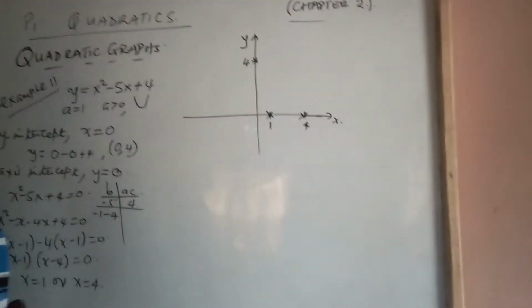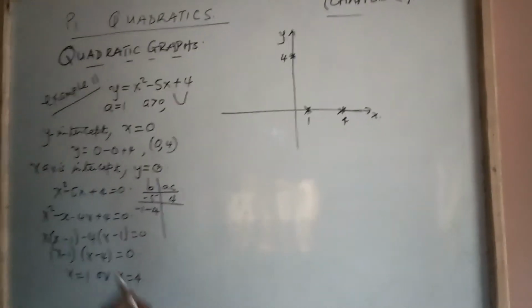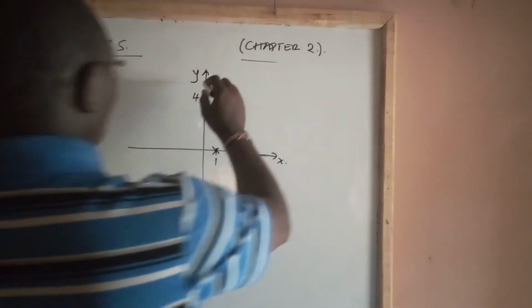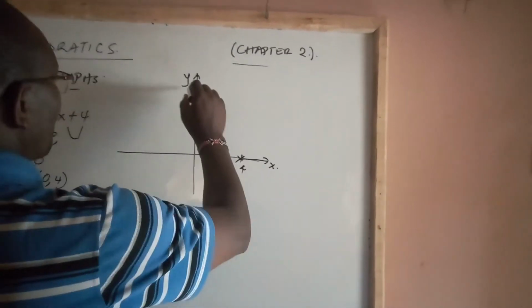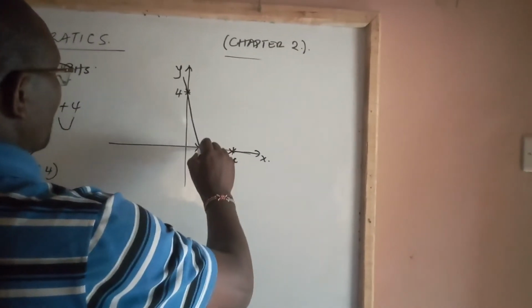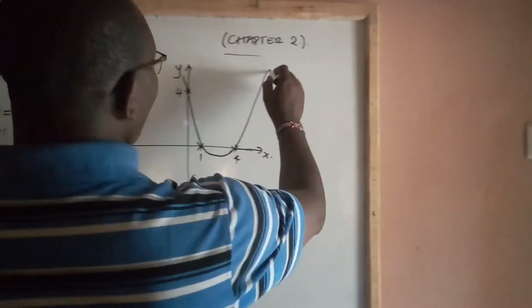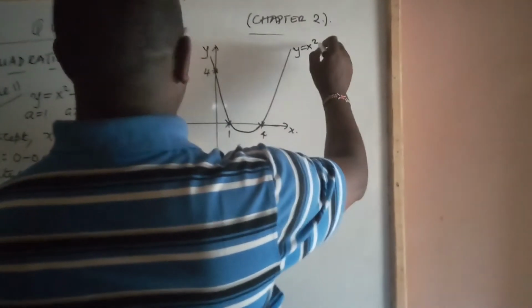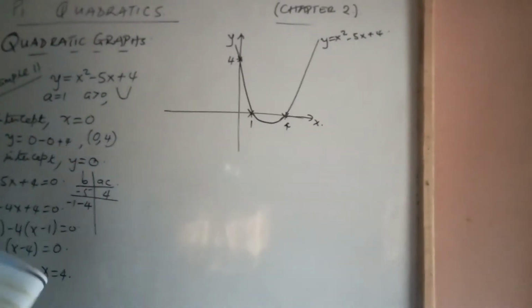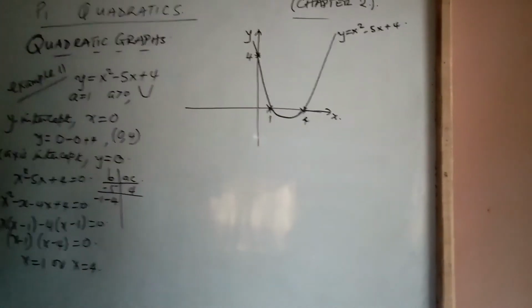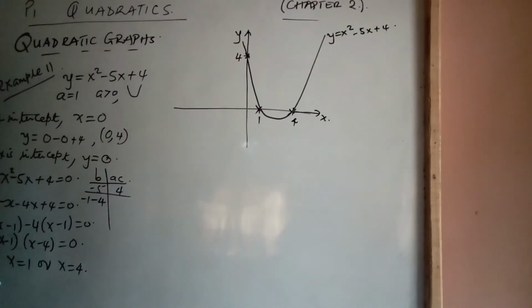And because we have already seen that the shape is a U shape, we can now easily sketch our graph this way. And this is the graph of y is equals to x squared minus 5x plus 4.